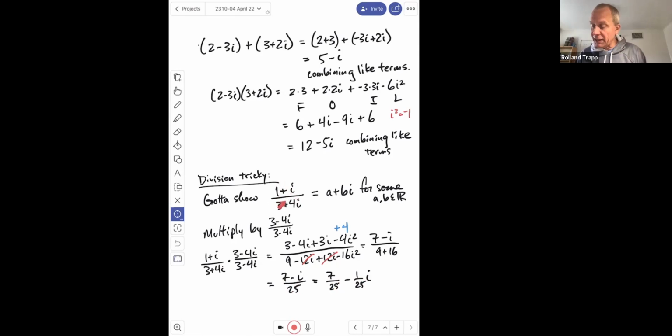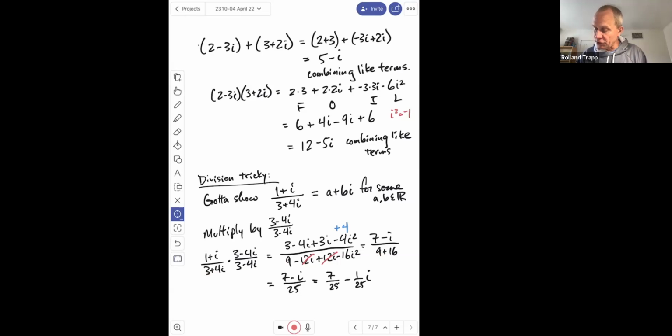So to show that the quotient of two complex numbers is again a complex number, you just multiply by the conjugate of the denominator, top and bottom. Anytime you multiply a complex number by its conjugate, you're going to get a real number because the middle guys always cancel.